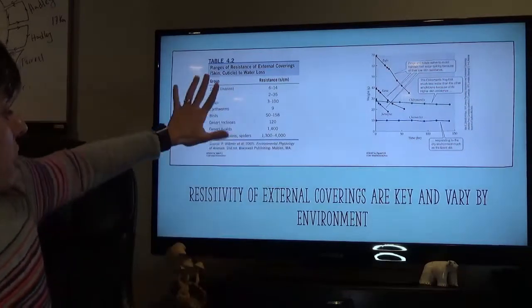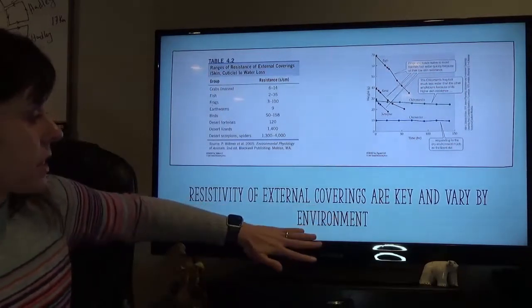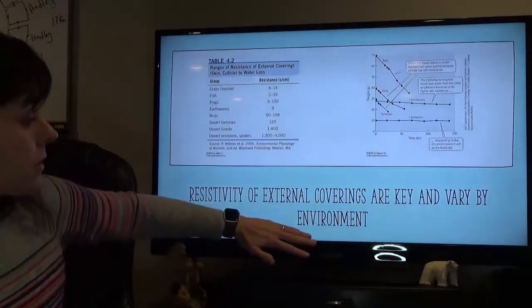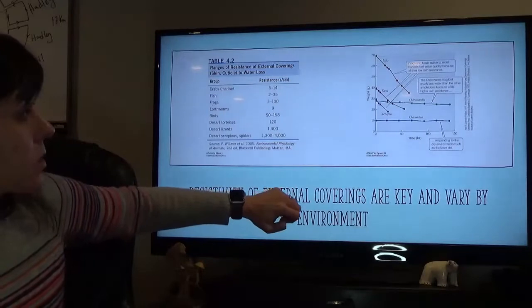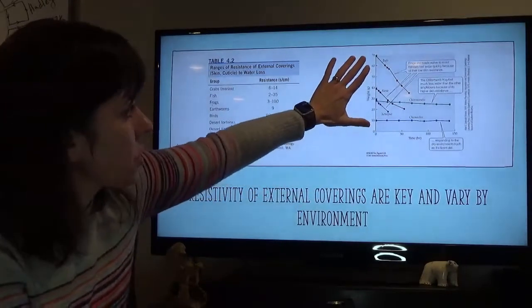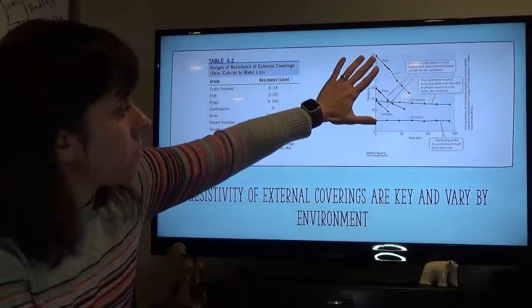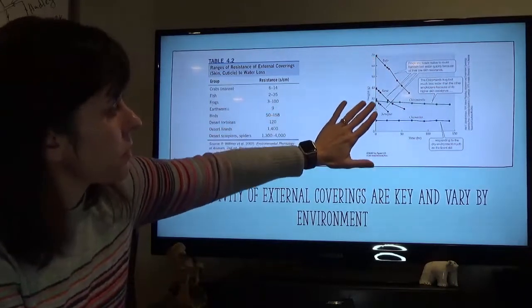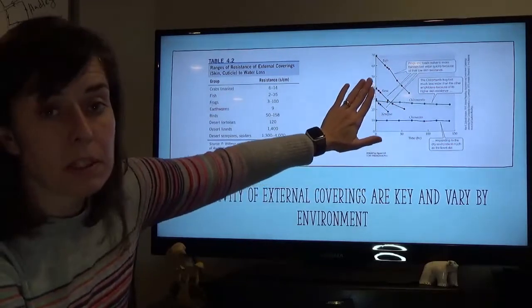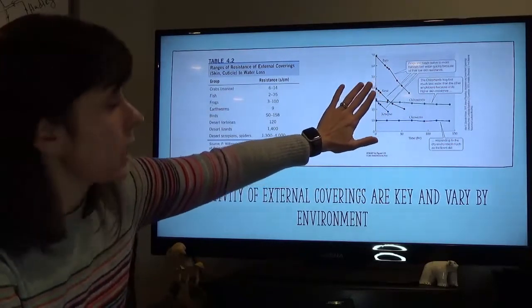Okay, so as I mentioned, this resistivity of external coverings is key to reducing water loss and can vary by environment and by taxa. So here we have a situation where if we expose different species to desiccation, we see very, very different responses in terms of weight loss. So this is weight loss of water weight loss.